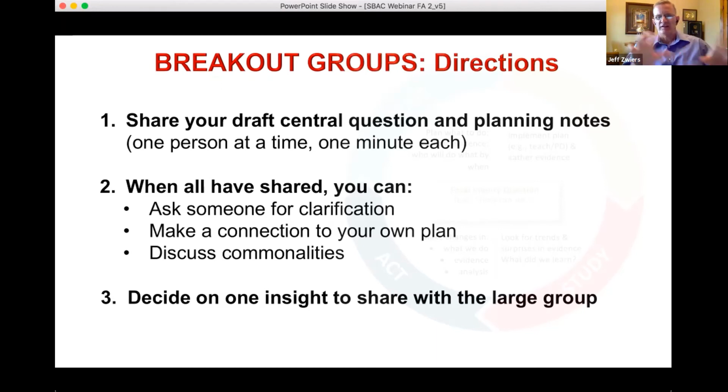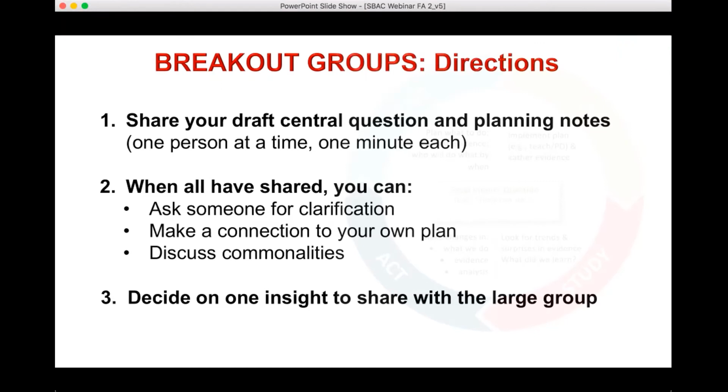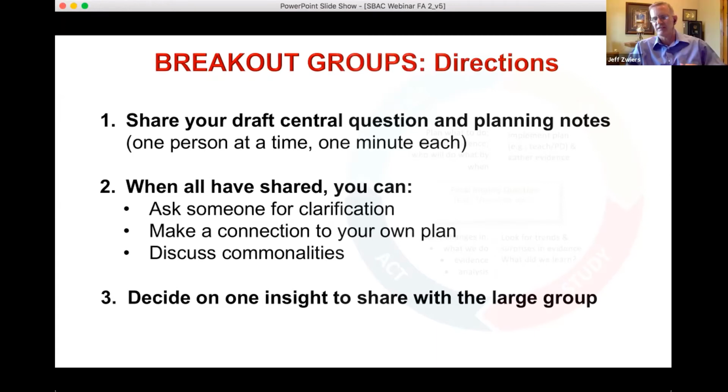But now what we tried to do is zoom out a little more and emphasize these cycles of inquiry, particularly the formative assessment piece of the cycle of inquiry. One of the goals is to figure out what the best evidence is that can help us improve instruction, see learning and growth, and see how kids are growing.